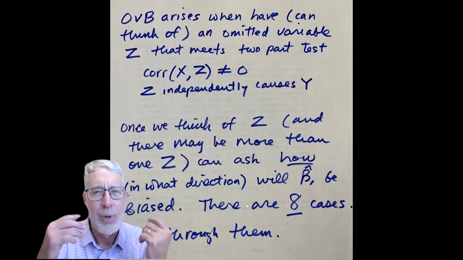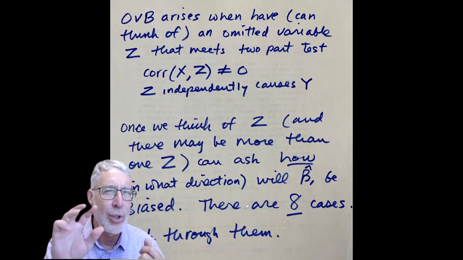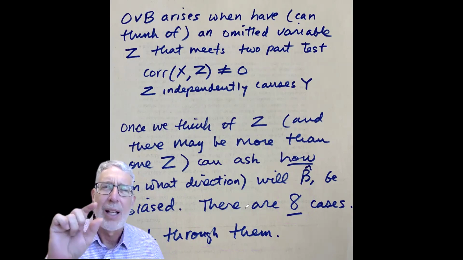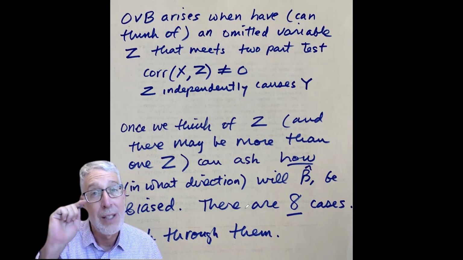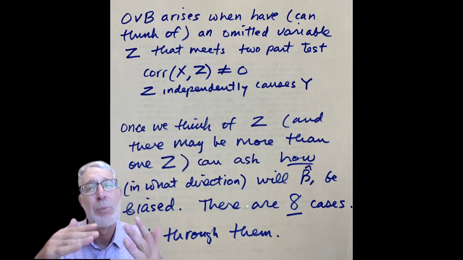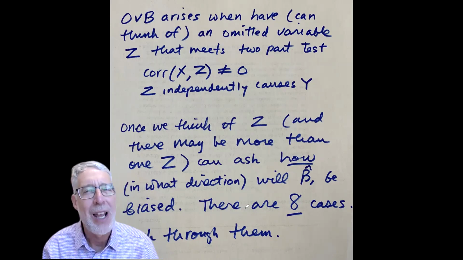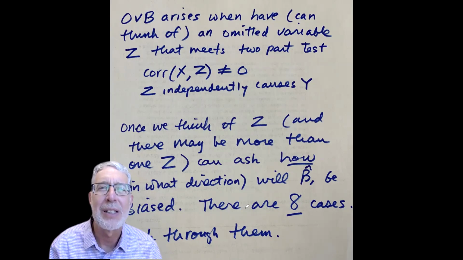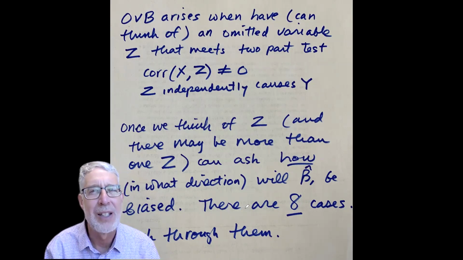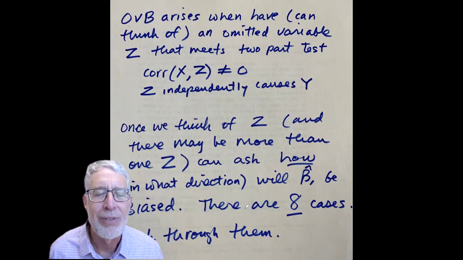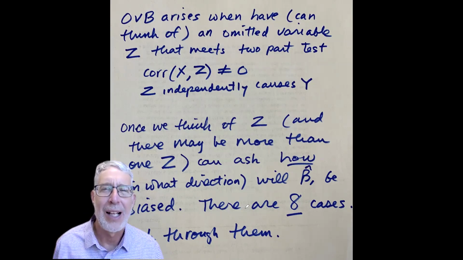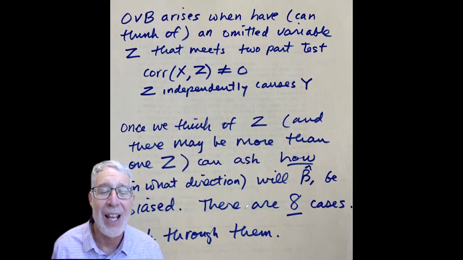And these cases will be especially tricky when the underlying coefficient, the true coefficient, is negative, because when we have negative numbers, it's not always clear what the direction is. Say we think our true coefficient is -4 and our biased coefficient is -8.